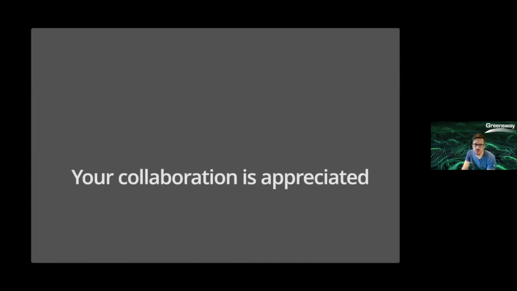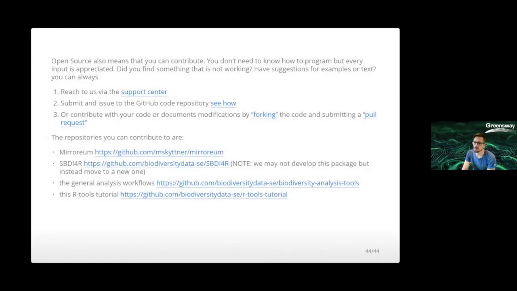You can browse more in detail and follow the code yourself. But as Deborah mentioned, your collaboration is appreciated. And there are many ways in which you can contribute to these functions. One would be, of course, sending your request via the support center, as Matthias showed, but also submitting issues on the GitHub repositories with your ideas, or presenting the bugs that you have encountered.